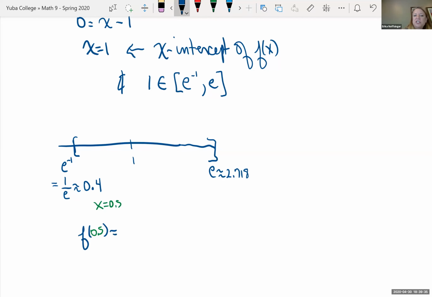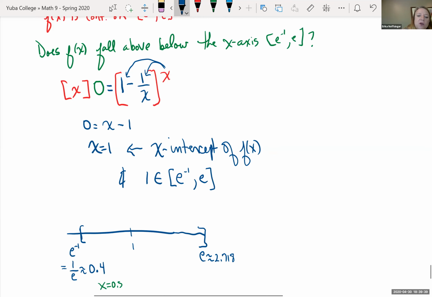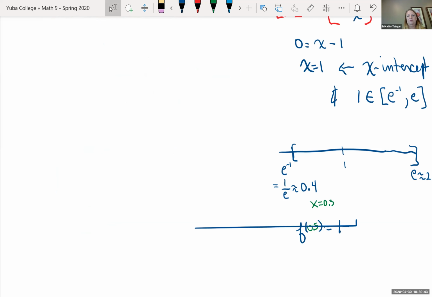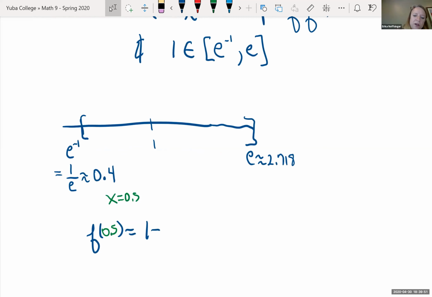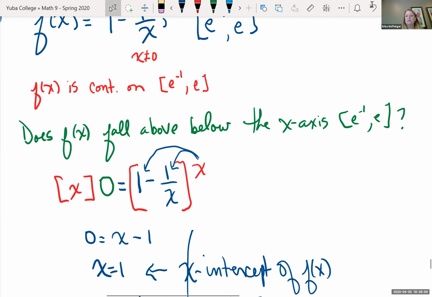Our original function was 1 minus 1 over x. So 1 minus 1 over 1/2, or 0.5.